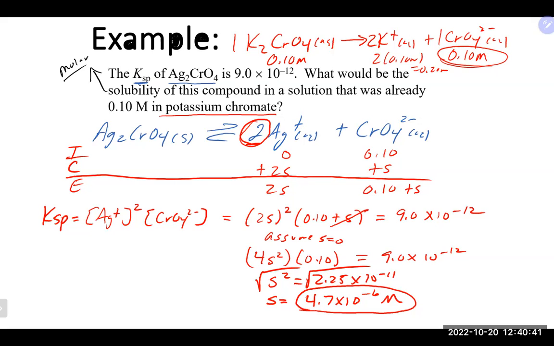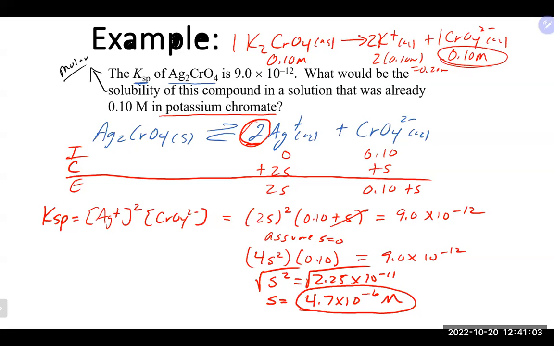In this particular case, if we wanted the concentration of our chromate at equilibrium, what would it be? It would be 0.1 plus that number, right? And if we wanted our concentration of just the silver ions, we would have to take that number and multiply it by 2. But that number is the solubility of the silver chromate.